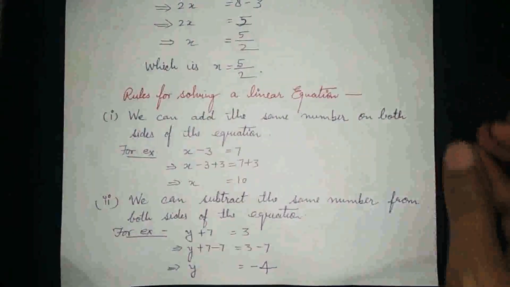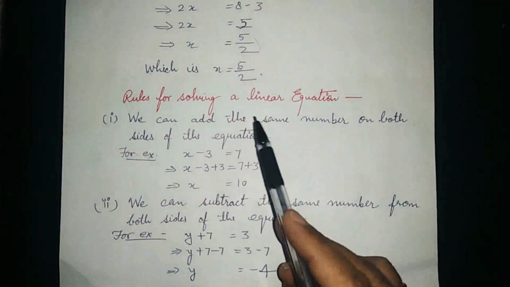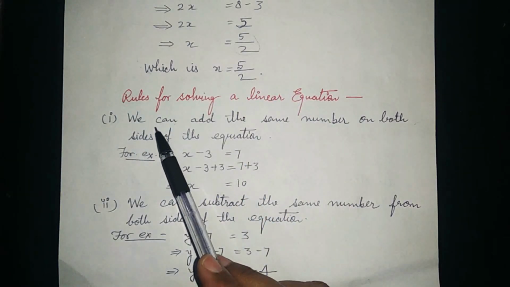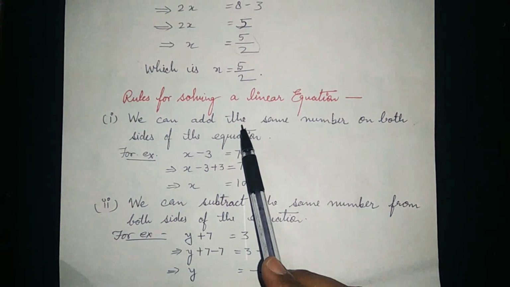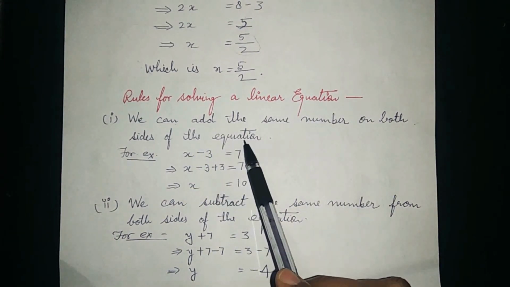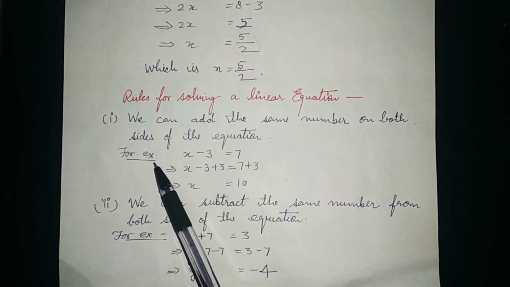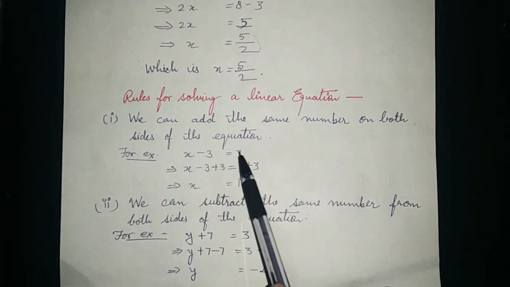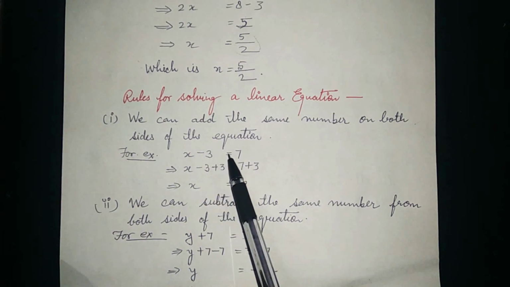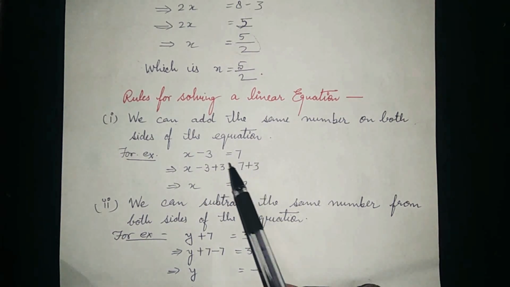Now I will tell you the rules for solving a linear equation. The first rule: we can add the same number on both sides of the equation. Here you can see I have written an equation. The equation is x minus 3 equals 7.